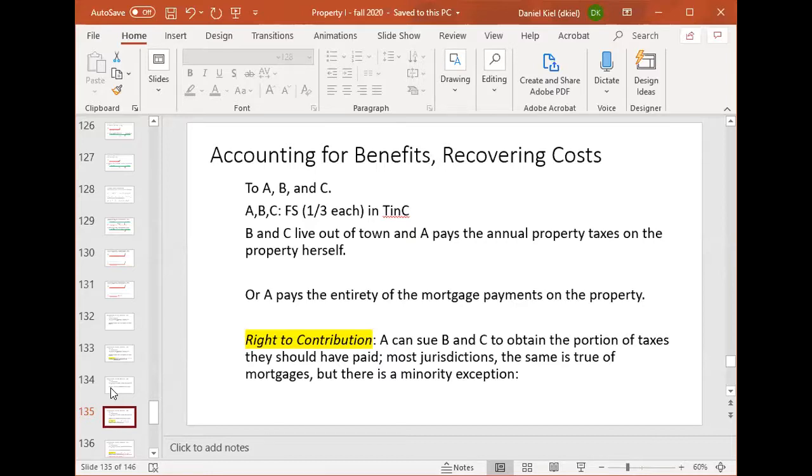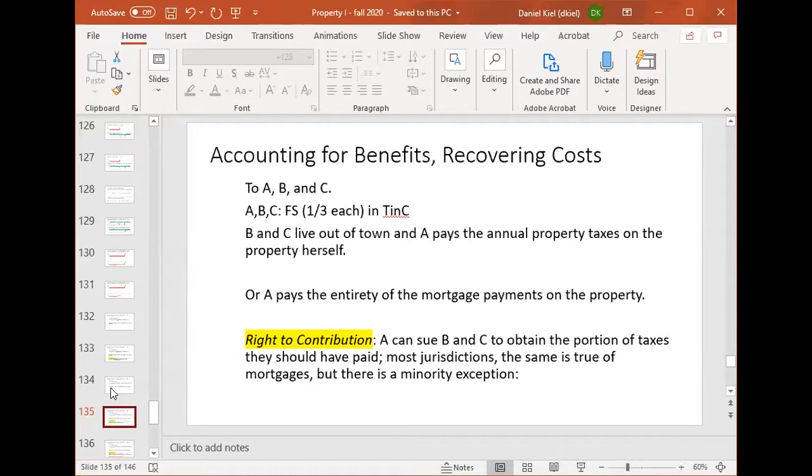Foreclosure, which is where a creditor comes on and takes the property in order to satisfy a debt, will cancel everyone's interests. So if this property goes into foreclosure for failure to pay taxes or mortgage payments, then B and C are going to lose their interests also. And so they are on the hook as well for the taxes and mortgage payments that A has overpaid.